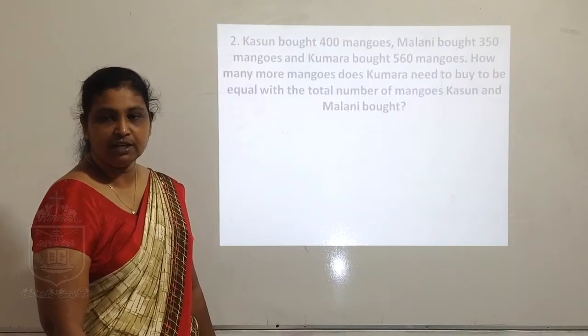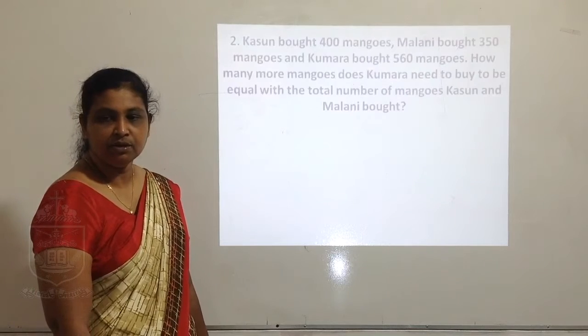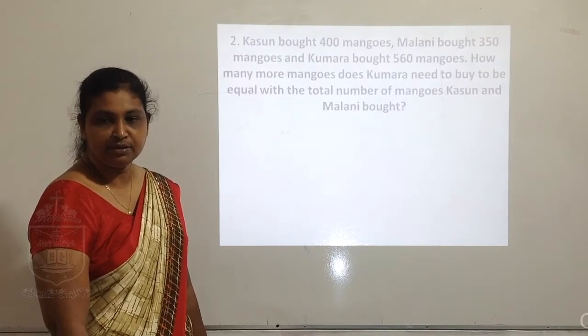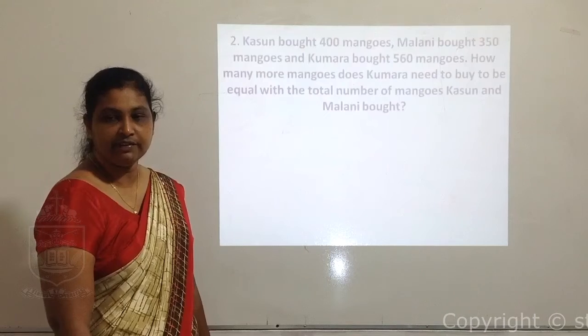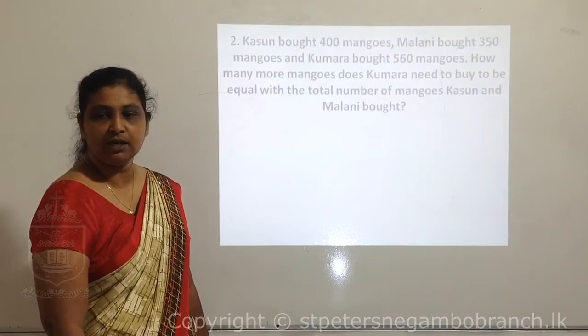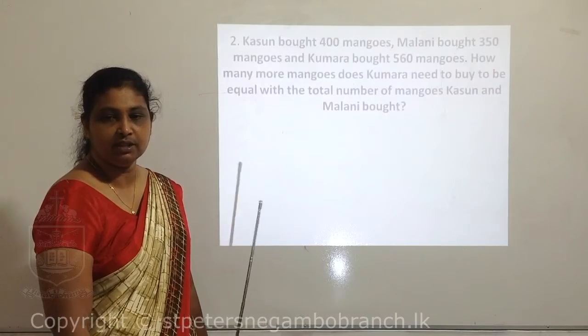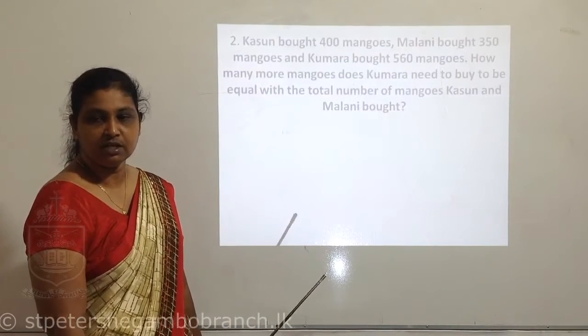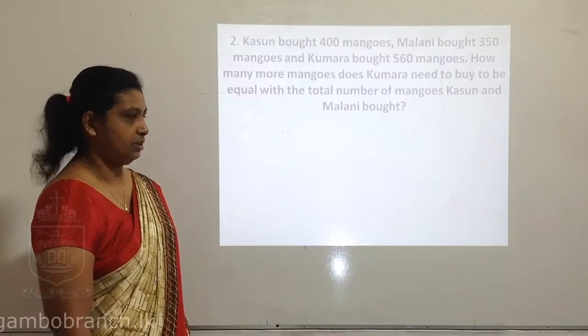Kasun bought 400 mangoes. Malani bought 350 mangoes and Kumara bought 560 mangoes. How many more mangoes does Kumara need to buy to be equal with the total number of mangoes Kasun and Malani bought?